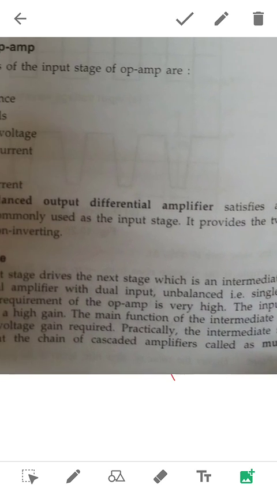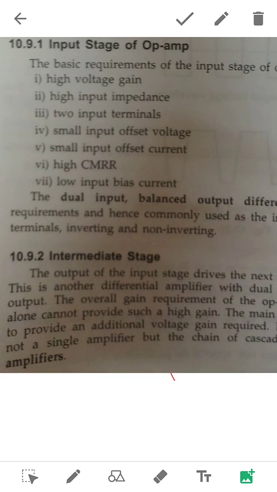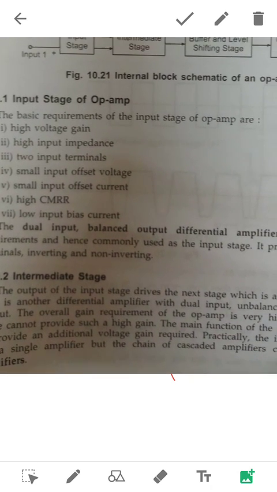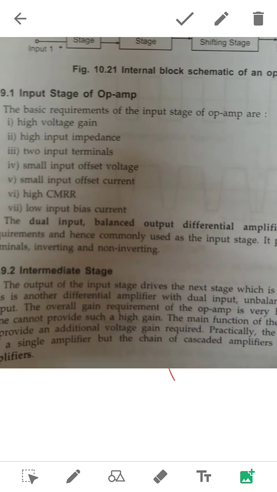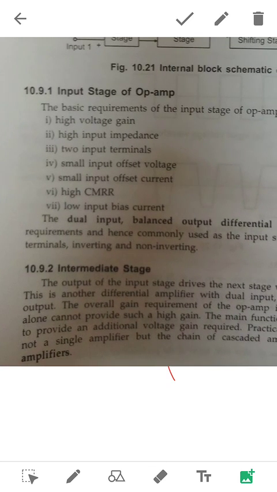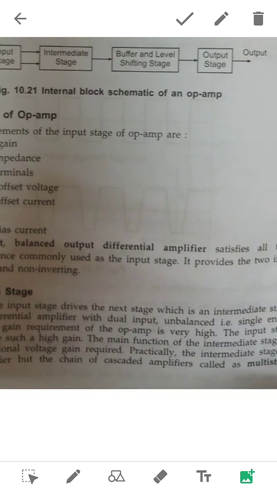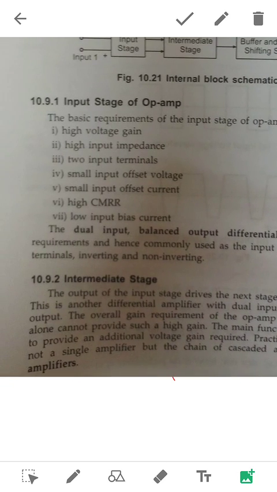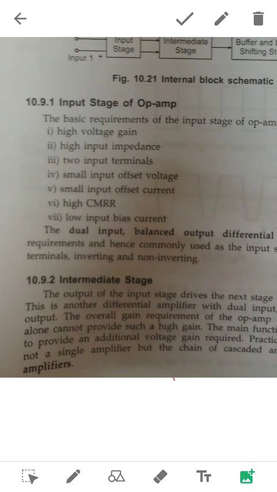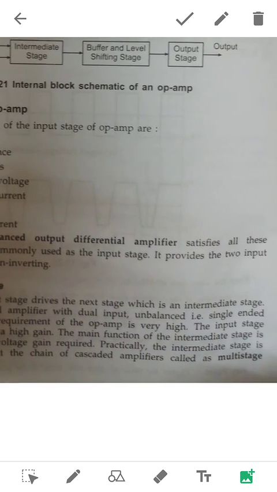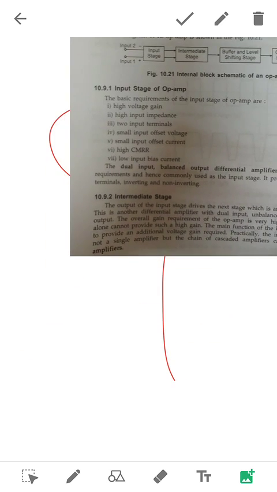The input stage alone cannot provide such a high gain. The main function of the intermediate stage is to provide the additional voltage gain required.